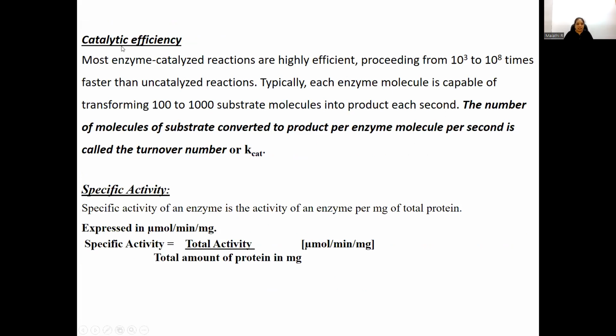And we have catalytic efficiency, defined as the number of molecules of substrate converted to product per enzyme molecule per second, which is called the enzyme turnover number or kcat.